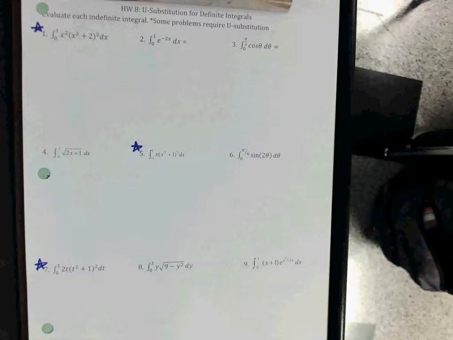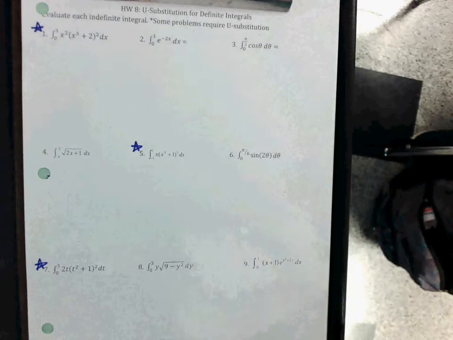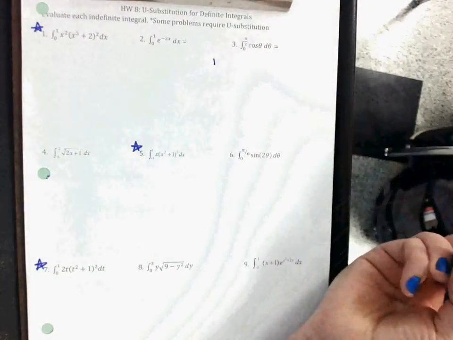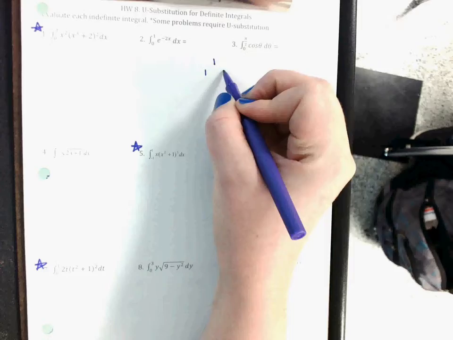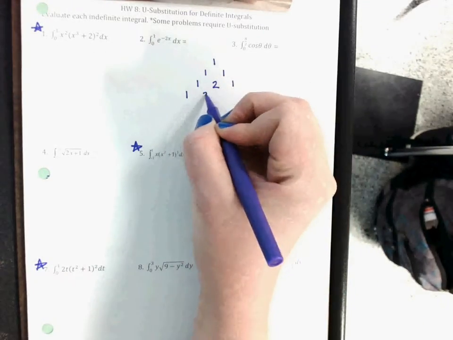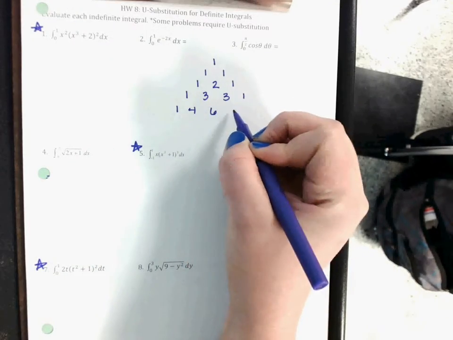Pascal's triangle's like the binomial expansion formula. Didn't you learn that? It's like 1, then 1, 1, 1, 2, 1, 1, 3, 3, 1, 1, 4, 6, 4, 1.